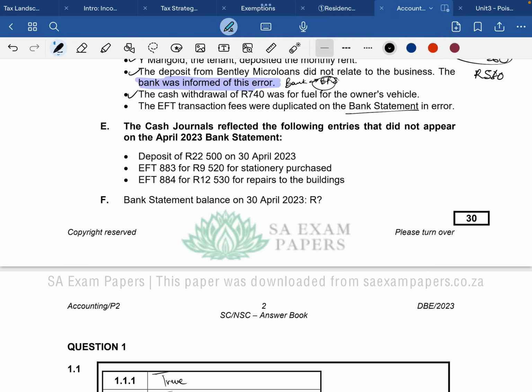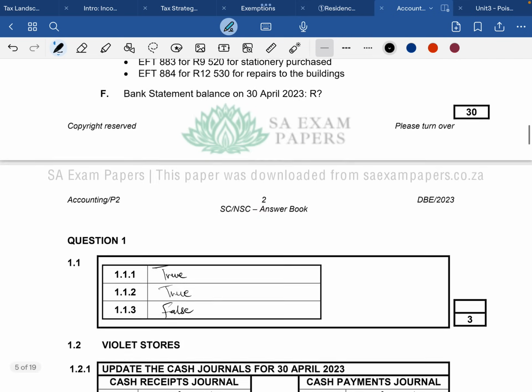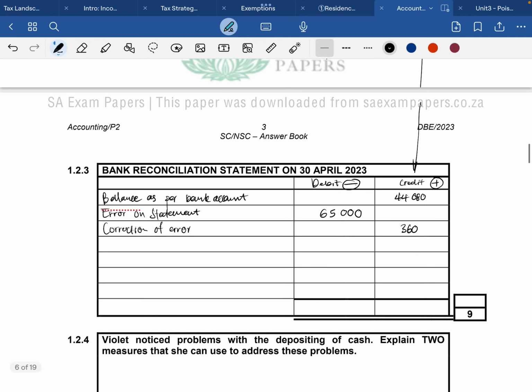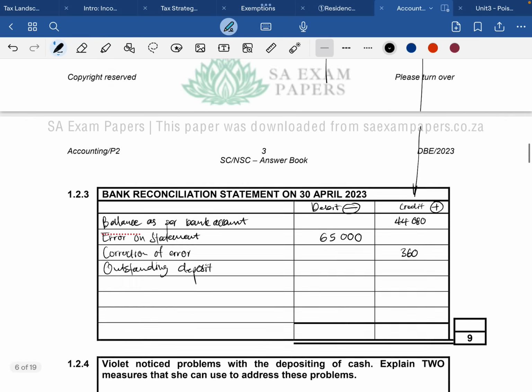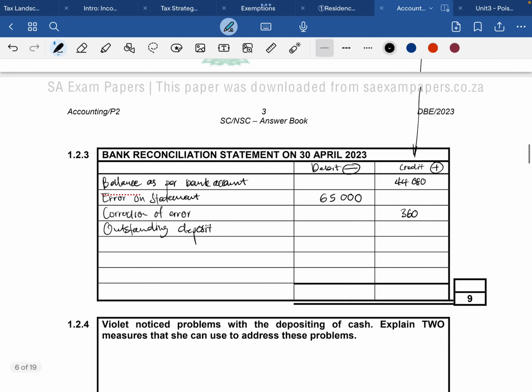How do we fix this on the bank reconciliation statement? So it's a deposit of 22,500, which was outstanding. So it's an outstanding deposit of 22,500.